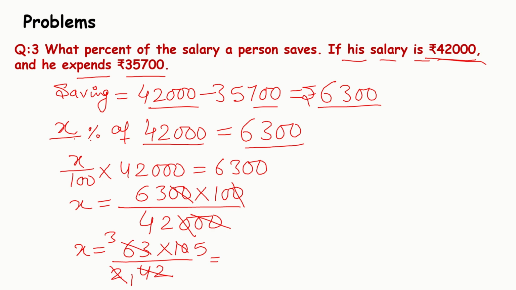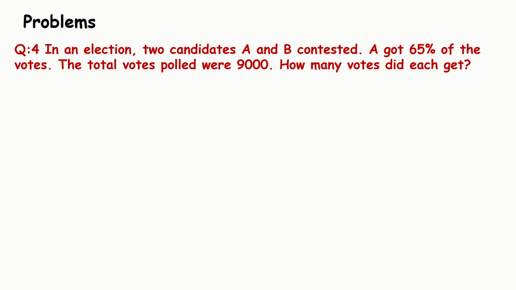So the value of x is left as 3 times 5, which is 15. Here we are calculating the x percent, so whatever value we get will be in percent. So 15% of his total salary the person saves every month.